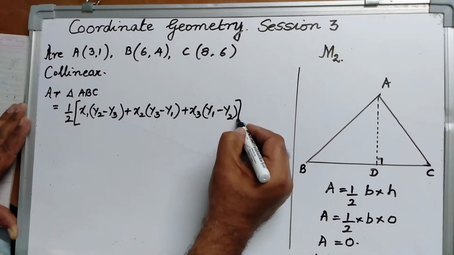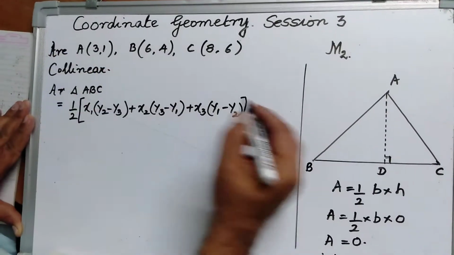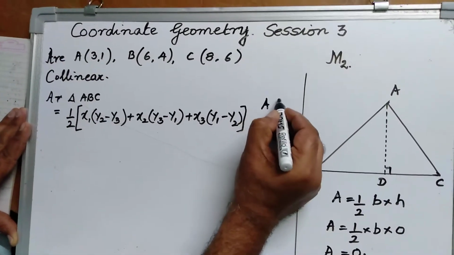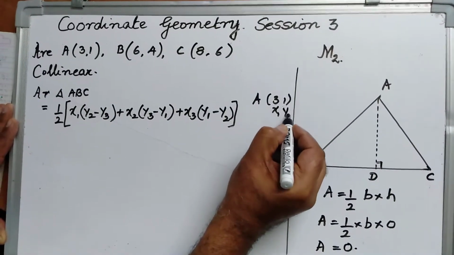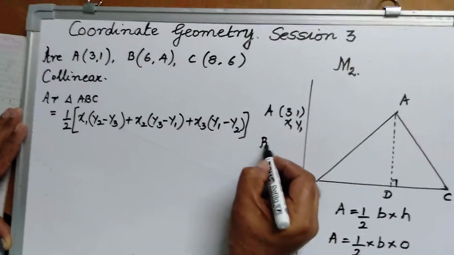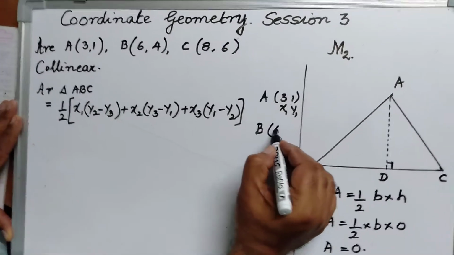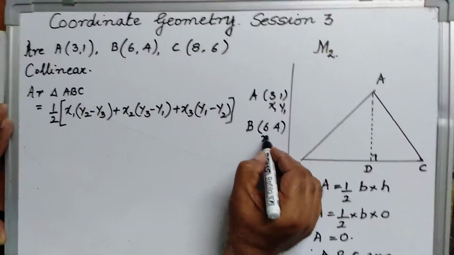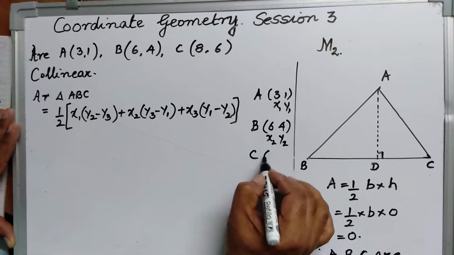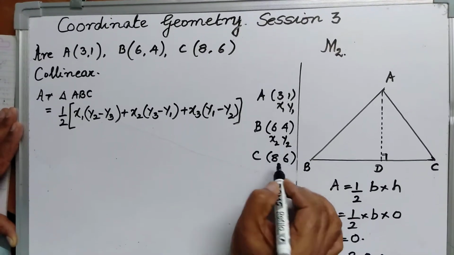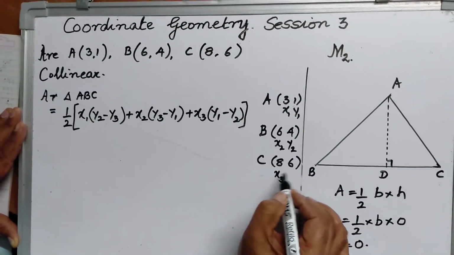This is the formula. The first point A (3, 1) is taken as x1, y1. The second point B (6, 4) is taken as x2, y2, and the third point C (8, 6) is taken as x3, y3.